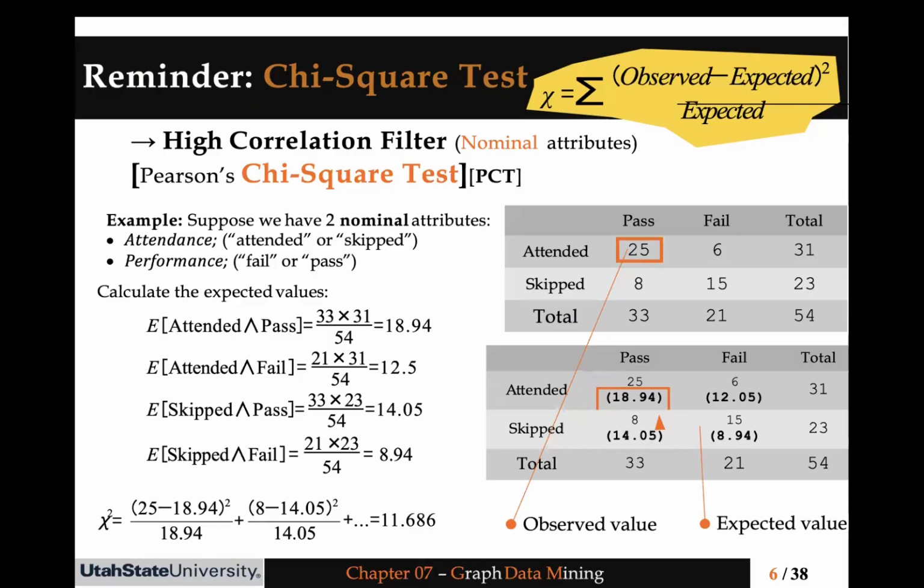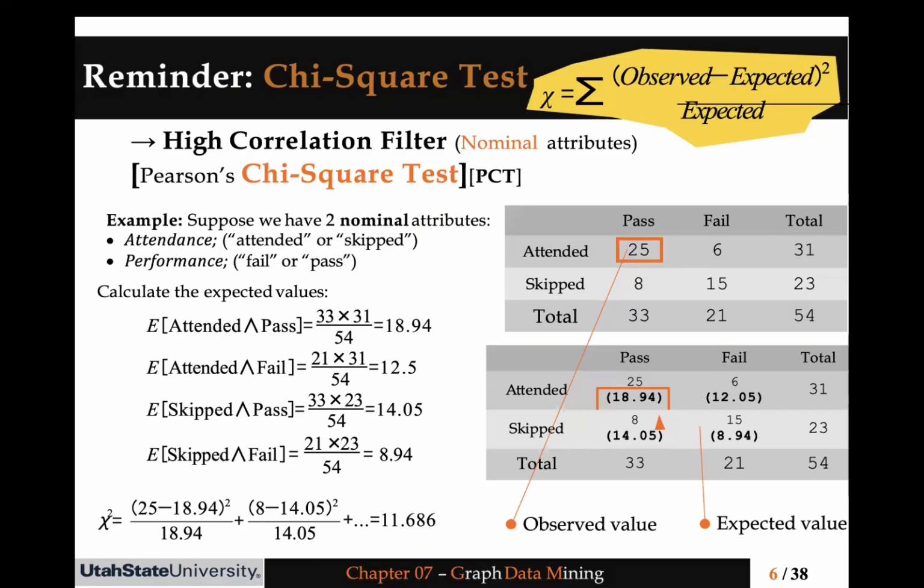Next we need to determine how significant this chi-square is, and we do that using the degrees of freedom. In this contingency table, the number of rows is equal to 2 and the number of columns is equal to 2. So in our case, the degrees of freedom is equal to 1. The chi-square statistic here is 11.6, which is greater than the value which we will look up in the lookup table, as I discussed in the previous lecture.